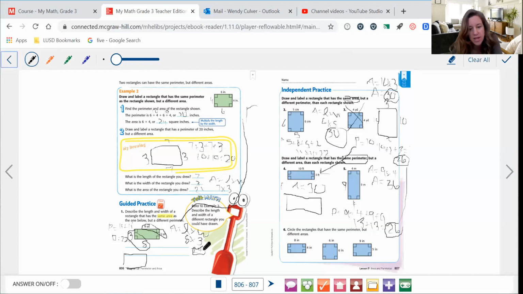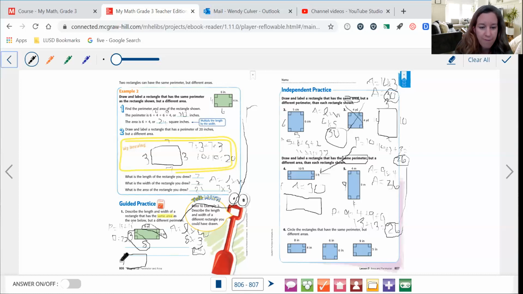I still want the area to be 24, but I can't do 8 times 3 to get there, because if I do, I'll have 8 plus 3 plus 8 plus 3 again, and I'll have 22 for my perimeter. So I have to pick 2 other numbers that, when I multiply them together, I get 24. First 2 numbers that come to mind are 4 and 6.